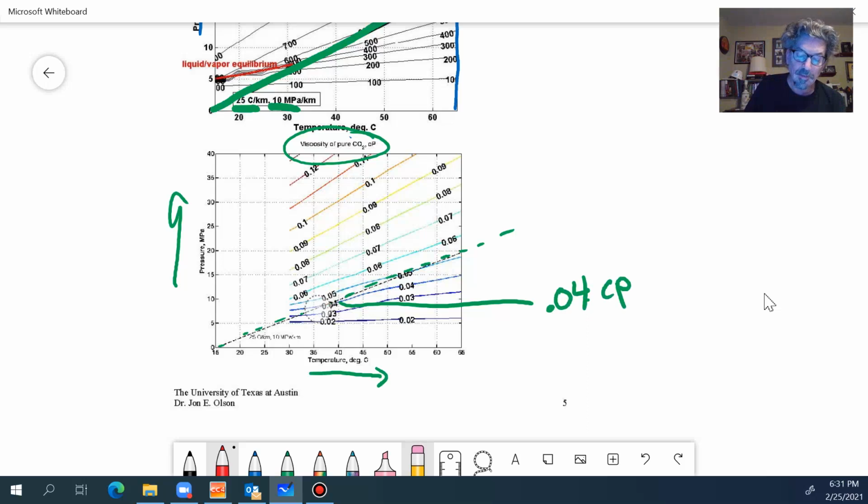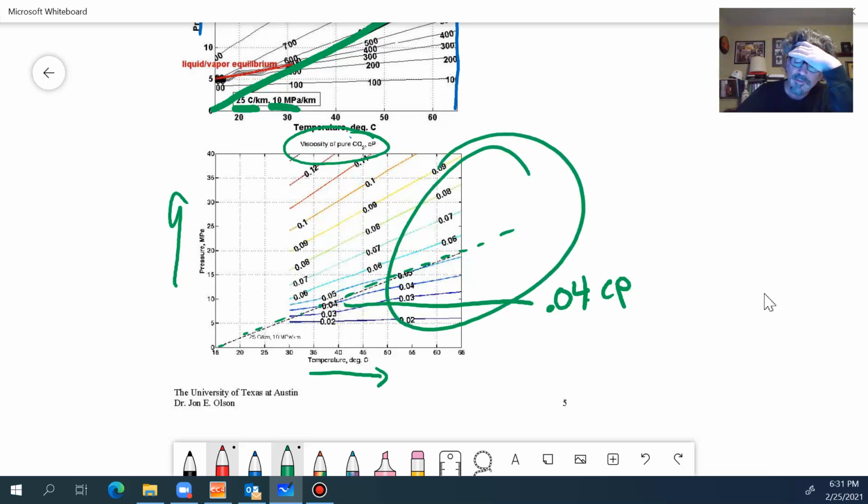Okay, let me erase that. So if we came in right there, we're at 0.04. Okay, so you'll pick some number which is going to be over in this area somewhere and figure out what the viscosity is in centipoise.